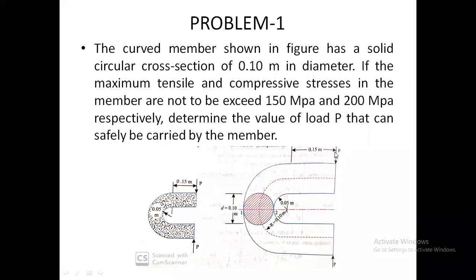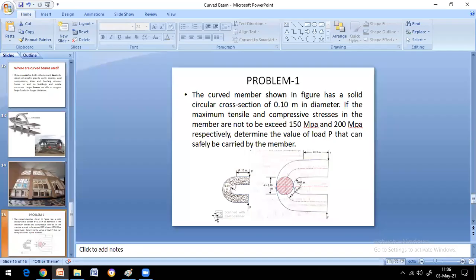Andena ante చూడండి ఇక్కడ చూడండి, P into distance ఇక్కడ వరకు center of the section వరకు. This P into this distance and the P into distance 0.15 plus this distance. What is this distance? 0.1 meter. 0.1 plus 0.15 is the distance with respect to the load. Avuna? Yeah.